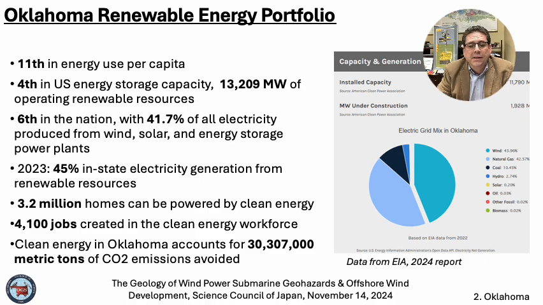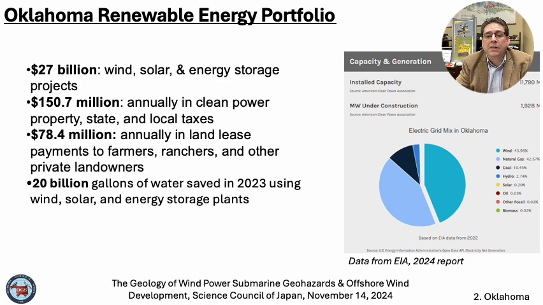And then you can see other statistics about the number of homes, the number of jobs, and how much CO2 is offset by wind energy, basically offsetting about 30 million tons of CO2. So it's an important component of the renewable energy portfolio of the state of Oklahoma.